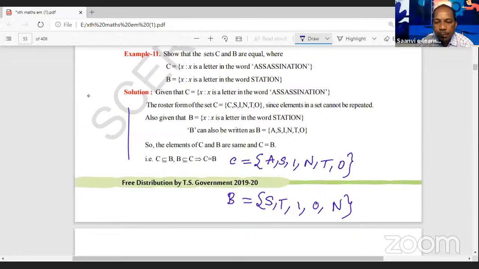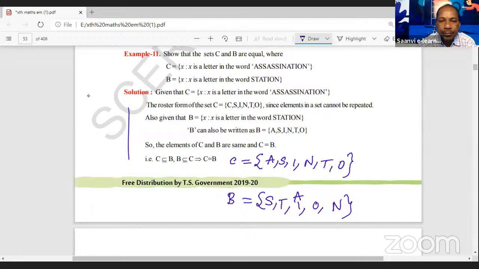A also is there, no? So here A also is there. Now observe the elements. What are the elements in set C? The same elements are there in set B.